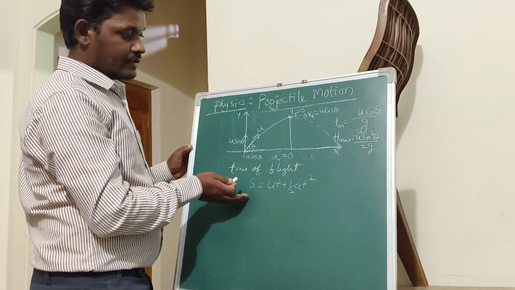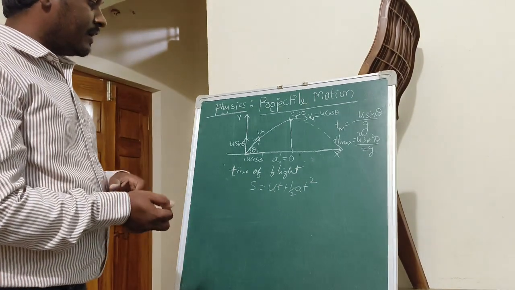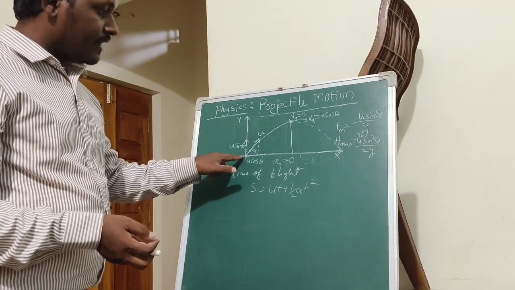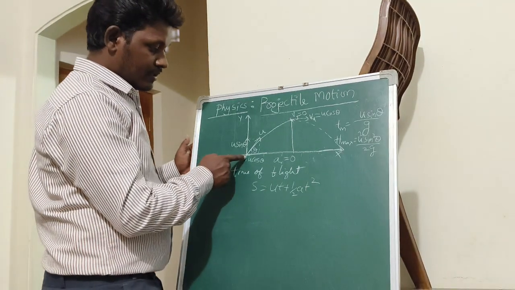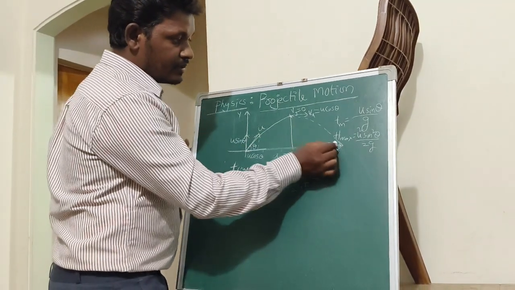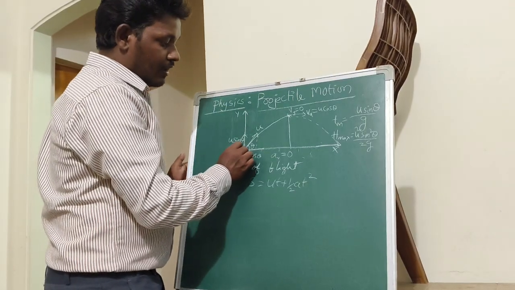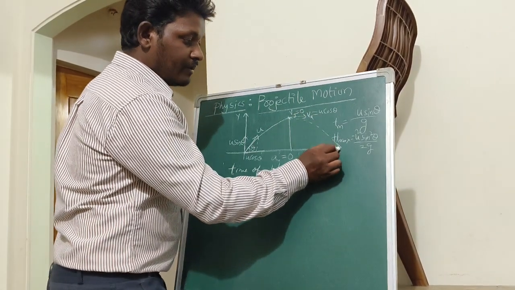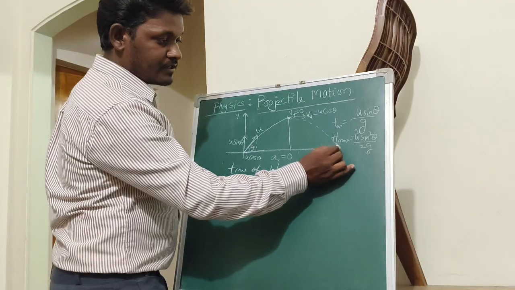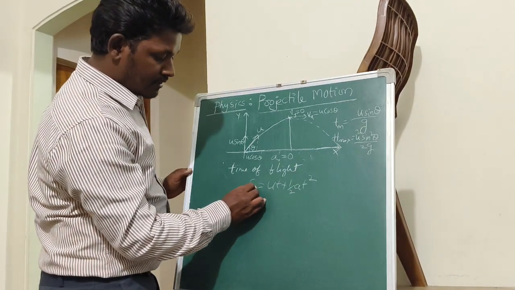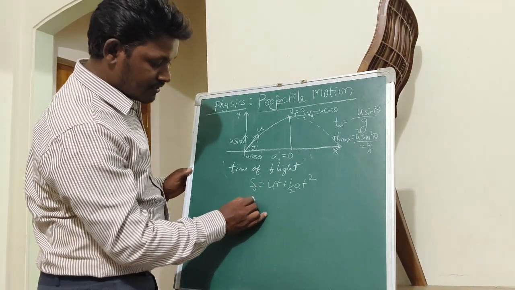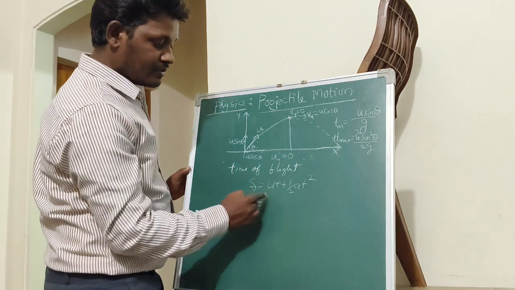For this one, I am taking the y coordinate. Y displacement became 0 again. After a certain time, the displacement along the y direction is 0 at the maximum range.